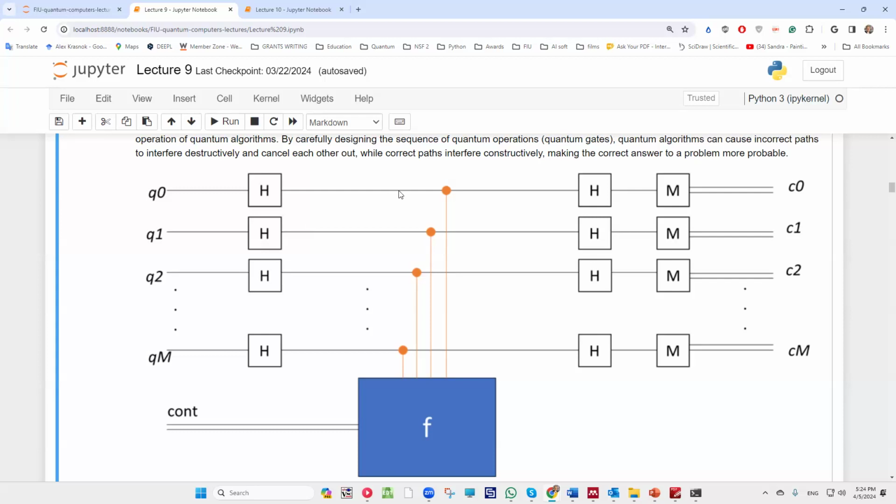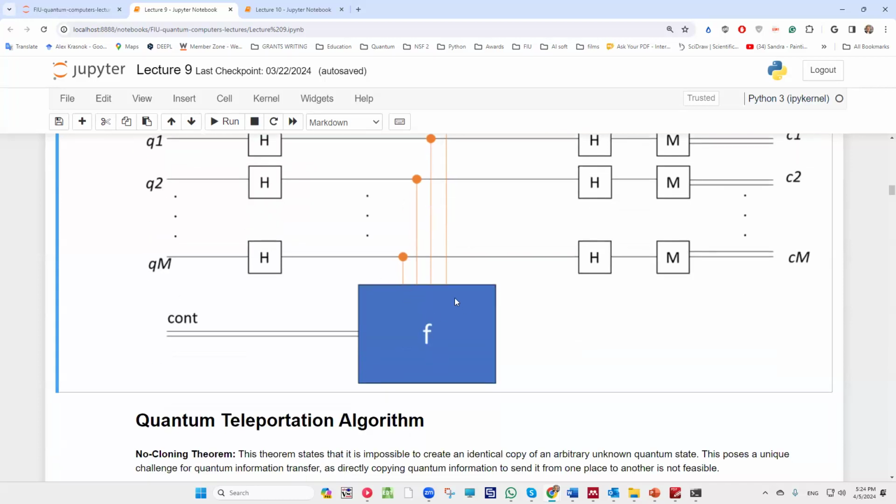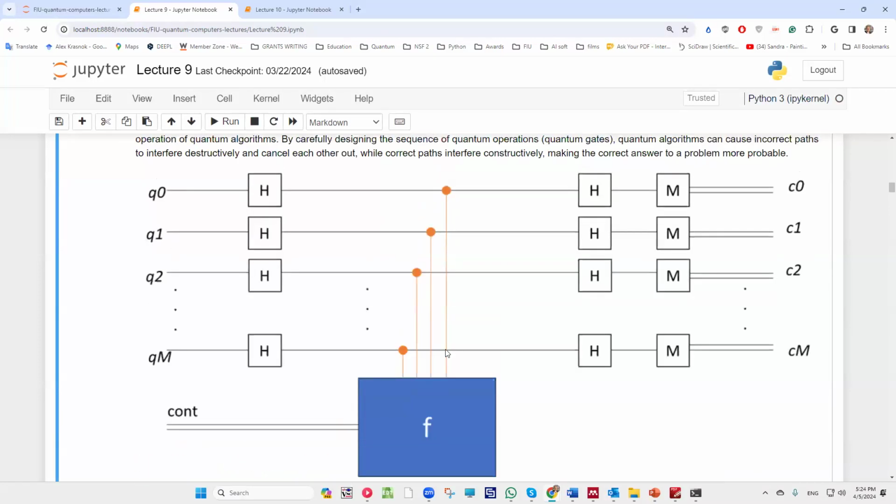coherence, let's say. Then we have something in the middle, denoted by this function f, which we control, which we program, right?